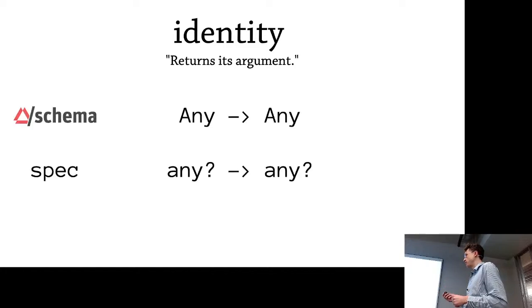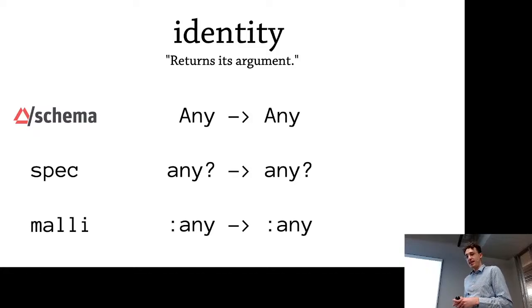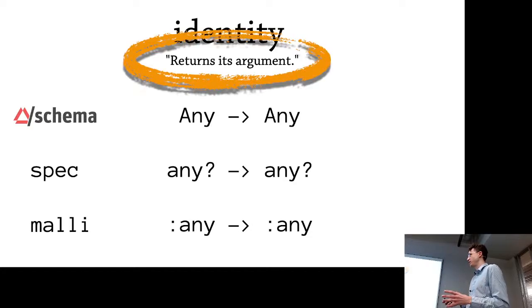In Schema and spec, it's any to any. And in Malli, it's any to any. Now, let's compare this to the docstring, returns its argument. So what hope are we giving the computer to be able to test whether the identity function actually returns its argument when we have a schema like this? Not much.